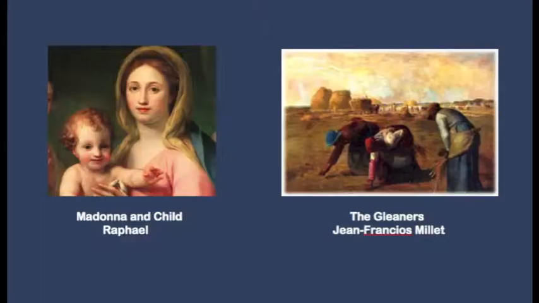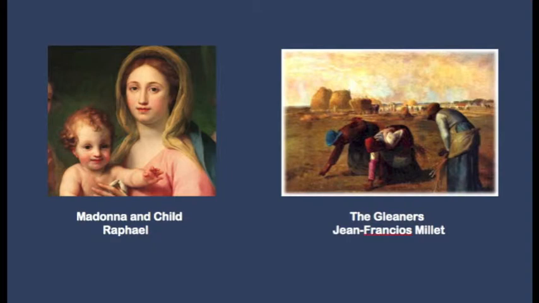in a classical style. Now we are viewing Madonna and Child, created by Raphael in the 1500s, alongside the Gleaners. Both of these paintings are large-scale oil paintings. Both of them are paintings of women. Both of them are completed in a very realistic or representational style.